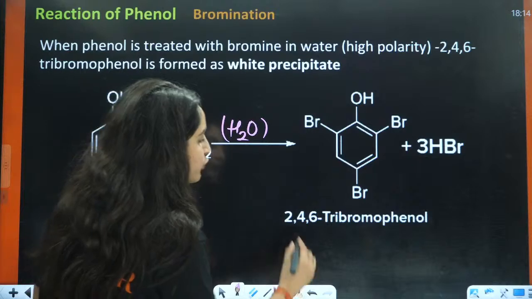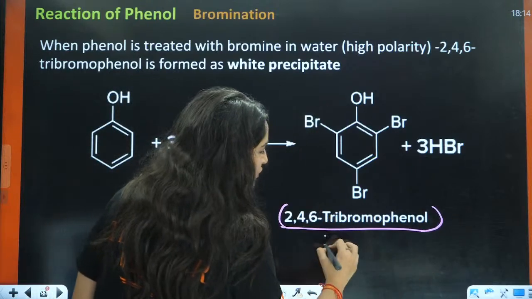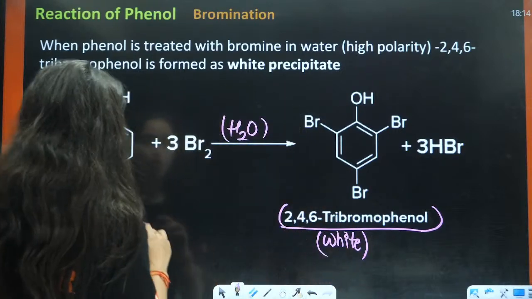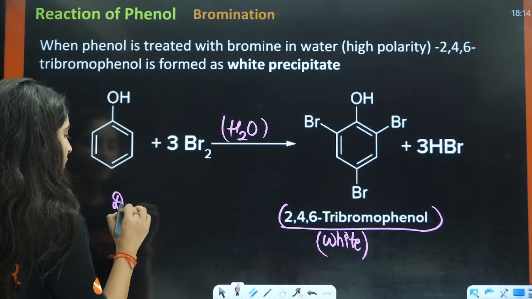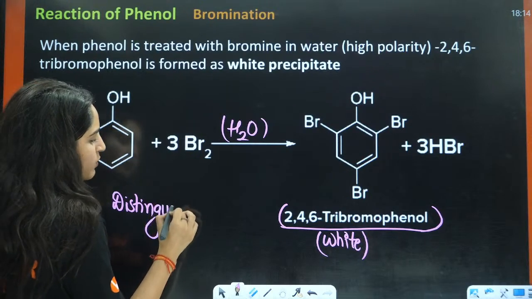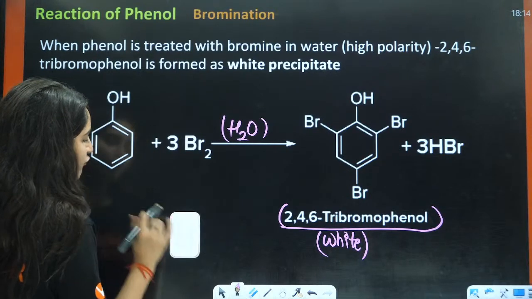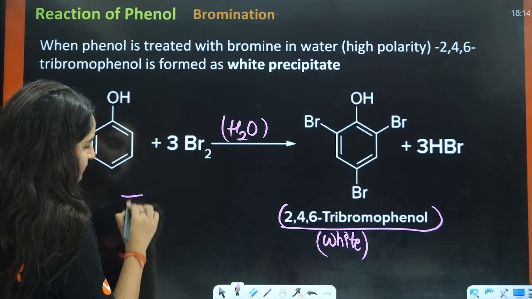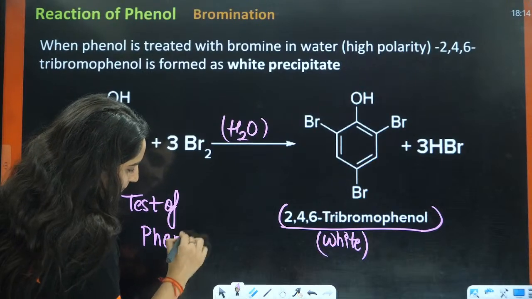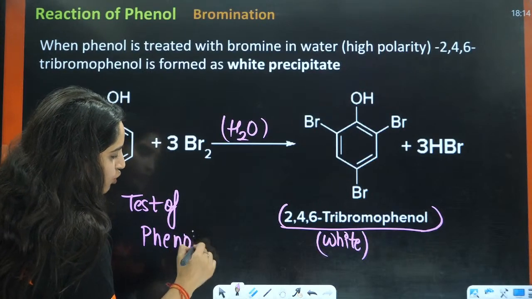That means you will have 2,4,6-tribromophenol, which is a white precipitate, and this is also a test of phenol.